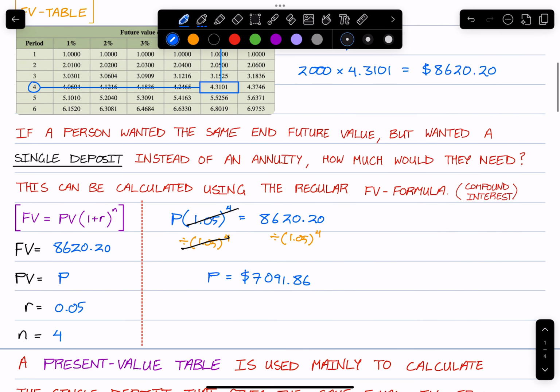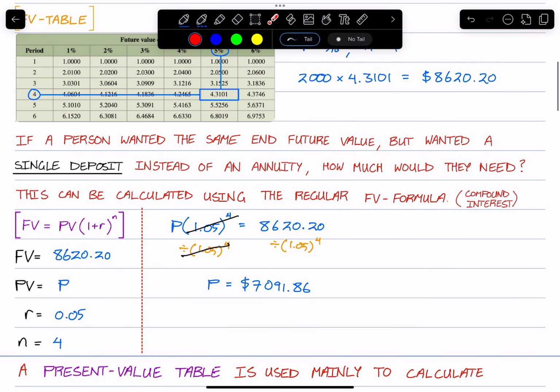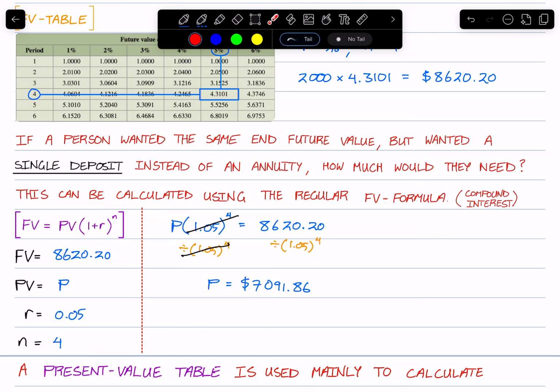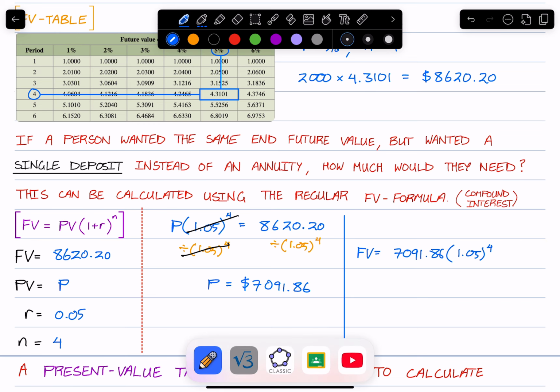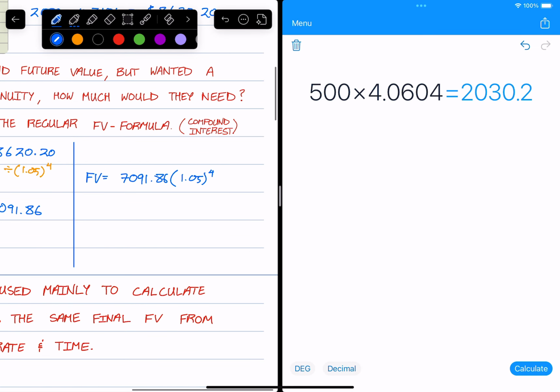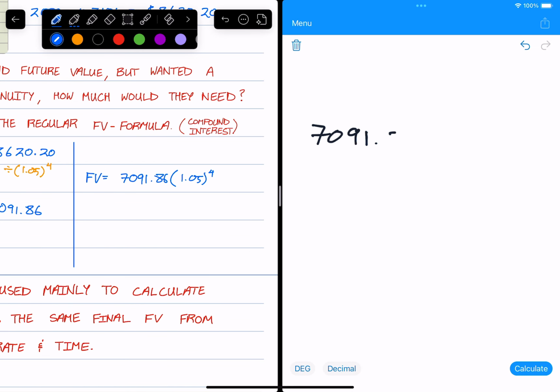So the present value of this annuity, if it were just a single compound interest formula application, would need this amount. And just to show you, if we were to run this number back in, FV equals 7691.86 times 1.05 to the power of 4.